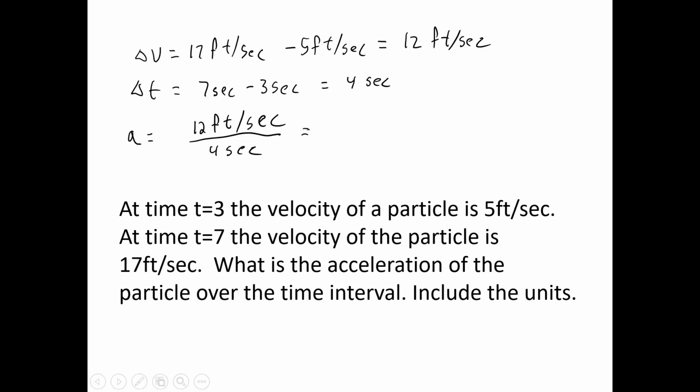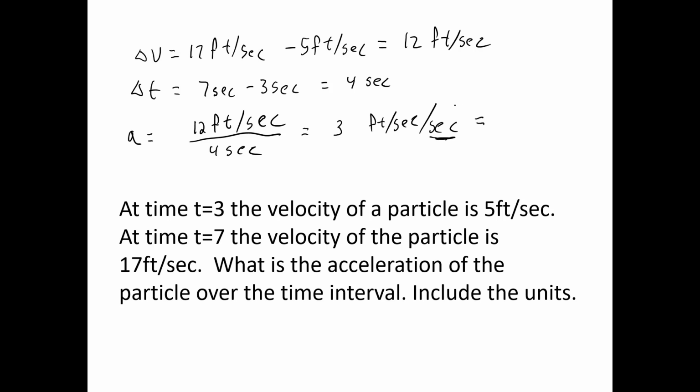And notice that 12 is divisible by 4, and so you get 3, but the units are feet per second per second. And to me, I like these units, right? Because it tells you that every second that goes by, your velocity changes by 3 feet per second. So that makes sense to me.